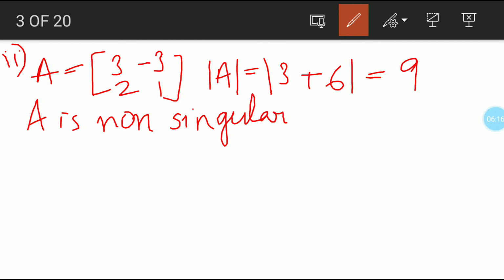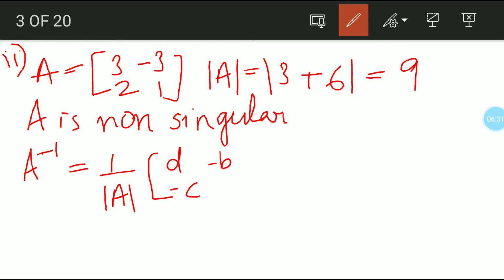Clear? So now we have to find the inverse for it, as you all know, I explained also. So A inverse, there again the formula is D, minus B, minus C and A. So here 1 by determinant of A, just now we found it's 9.